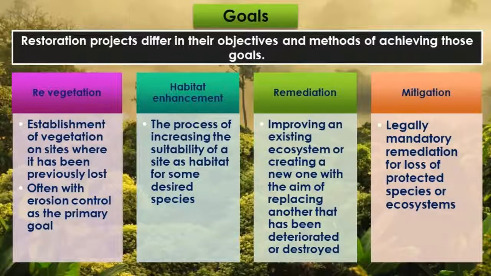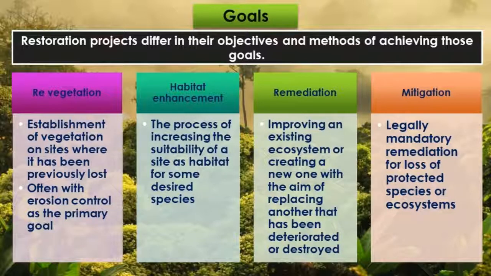Restoration projects differ in their objectives and methods of achieving those goals that we defined earlier: revegetation, habitat enhancement, remediation and mitigation. Revegetation is the establishment of vegetation on sites where it has been previously lost, often with erosion control as the primary goal.